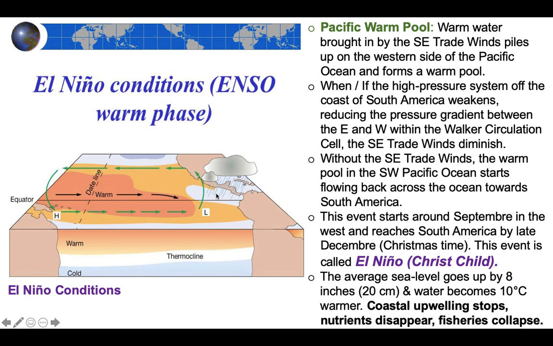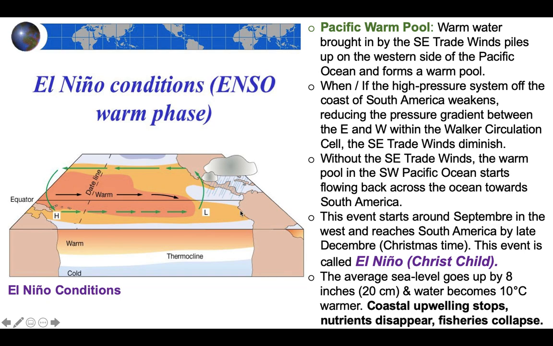we have a low pressure system with lots of precipitation and rainfall, and the sea level may go up by as much as 20 centimeters or 8 inches, piling up against the South American continent, and water becomes about 10 degrees Celsius warmer. And when that happens, the fisheries here, of course, collapse, because warmer temperatures mean lack of nutrients, and lack of nutrients mean no robust fish life in the water off the coast of South America.